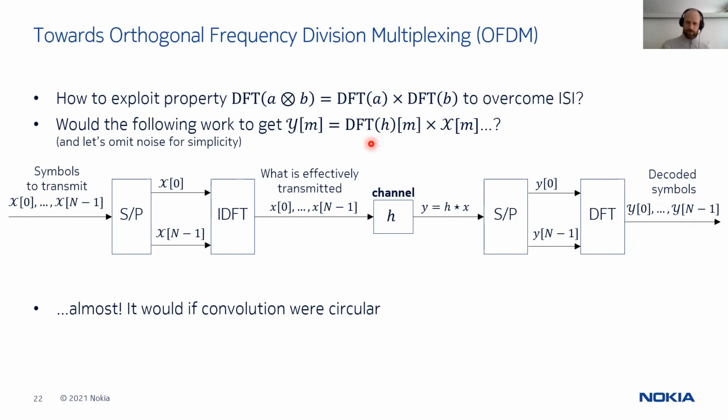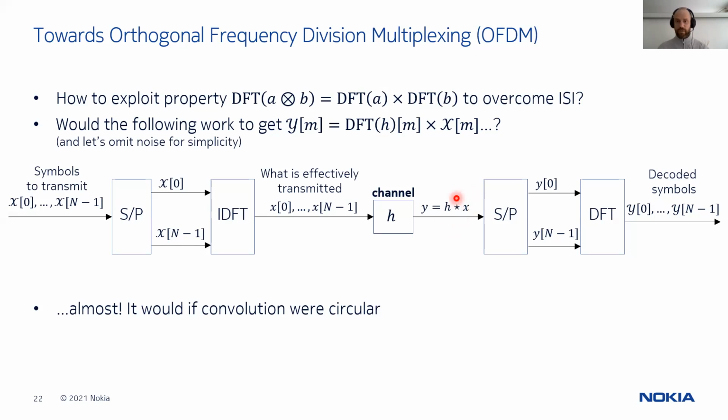So is it true? No, almost. Why almost? Because if you do the DFT of H convolved with X, you don't get exactly the DFT of H times the DFT of X, because there's still a convolution. We don't like convolution. We like circular convolution.